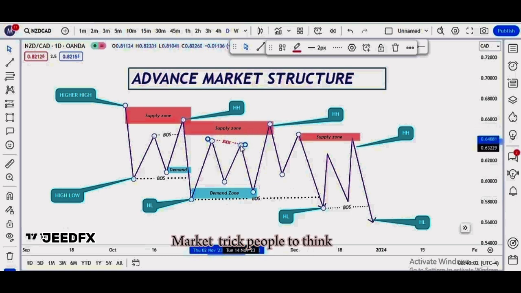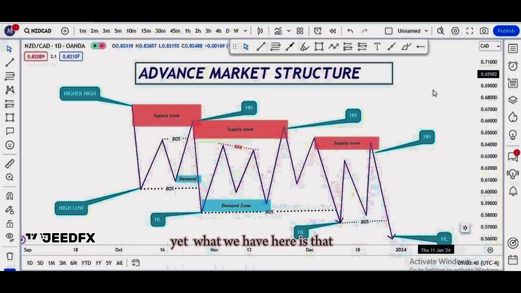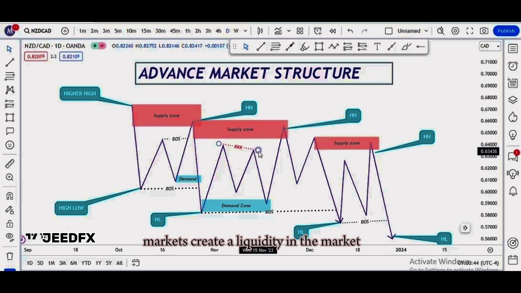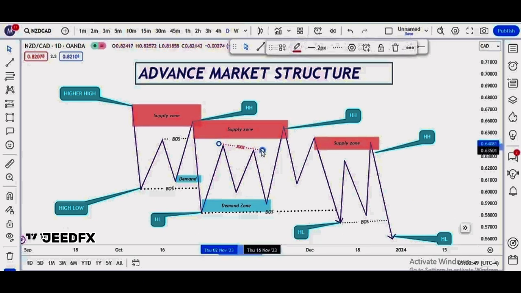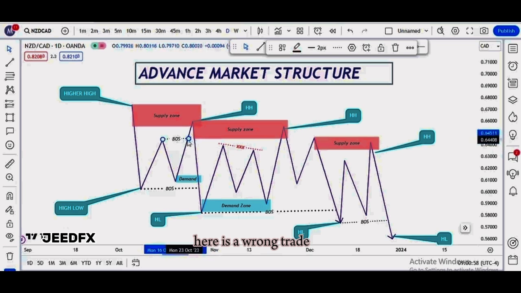Markets trick people to think, or induce people to think that it's actually reversing here. What we have here is that market creates a liquidity at the market. This is the liquidity being created in the market. So market comes back to touch the supply zone. Here it's a wrong trade.